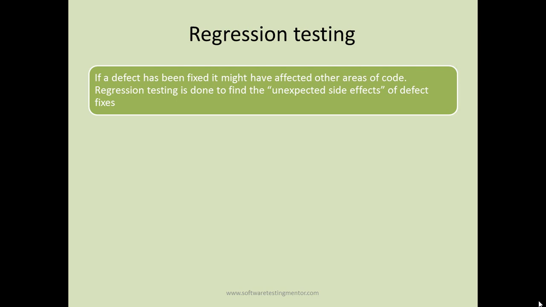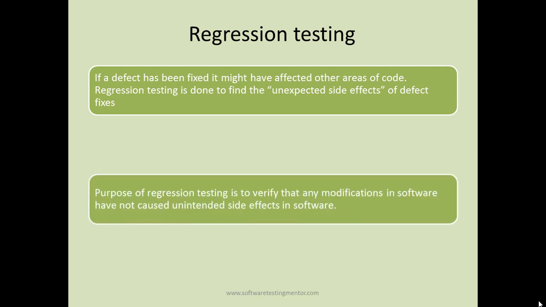Whenever a defect is being fixed, some code change is required to fix that defect. That code change might affect some other areas of the code. That's possible. So regression testing is done to find any unexpected side effects of the defect fixes.